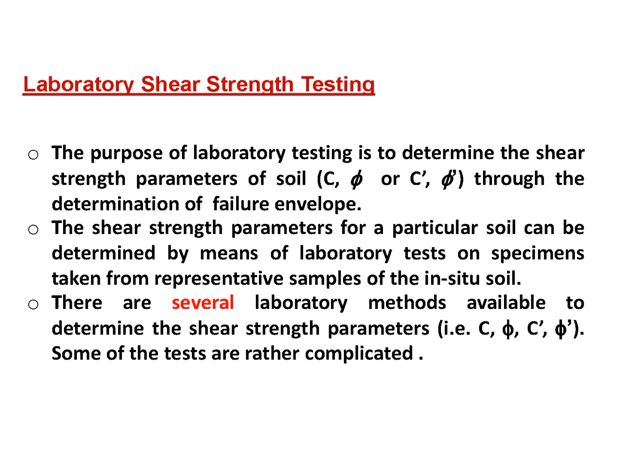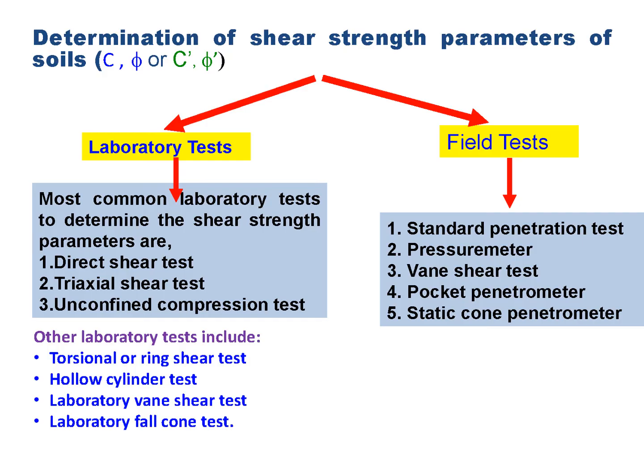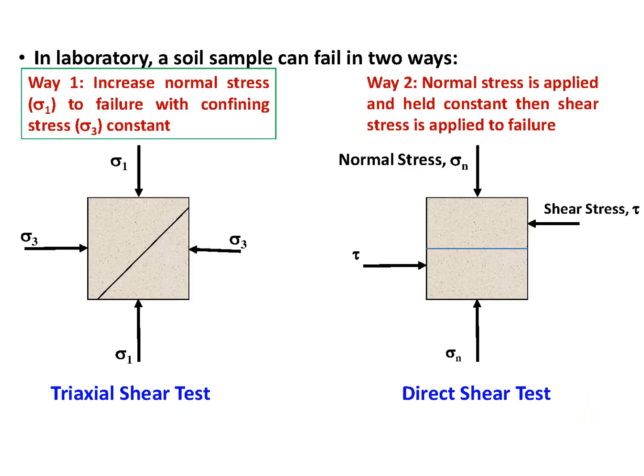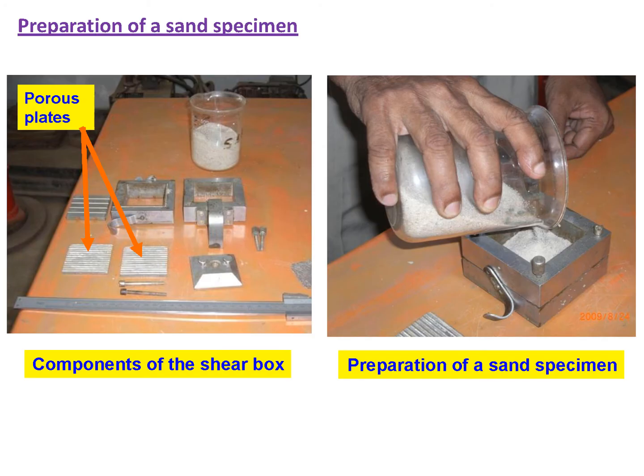Now onward, you would find the information related to laboratory shear strength tests. There are different laboratory tests that we can perform, but in this lecture you would find the detail of the direct shear test and the triaxial shear test. You can see here some detail of the shear test.